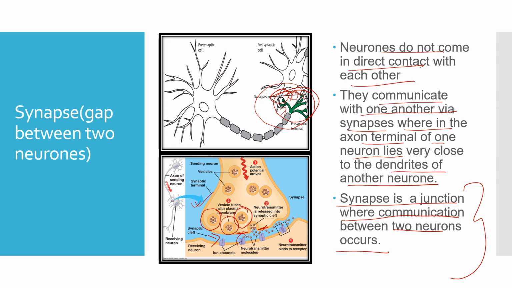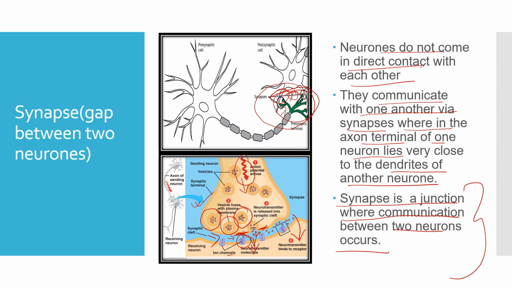And there are ion channels, and the neurotransmitters move on to the next dendrites, which are the receiving part. The neurotransmitter-filled vesicles fuse with the plasma membrane, the neurotransmitter is released in the synaptic cleft, and it is taken up by receptors and ion channels. So the impulse is being transmitted in the form of molecules.